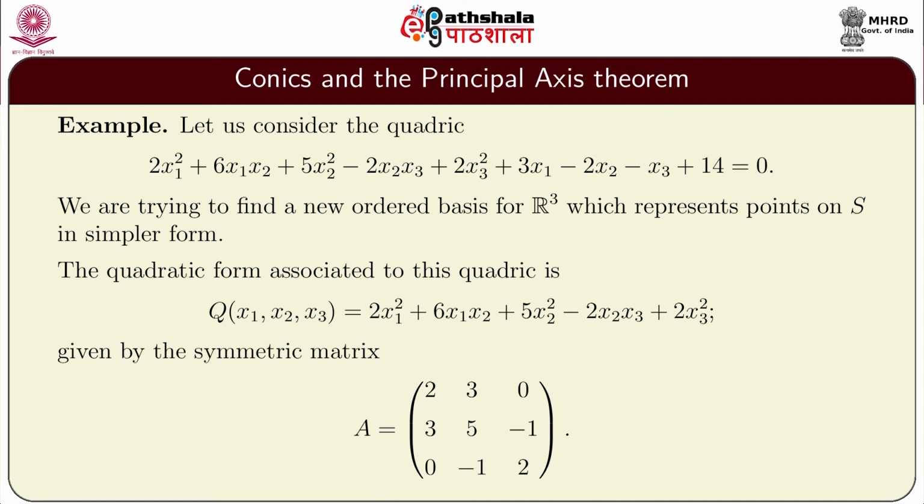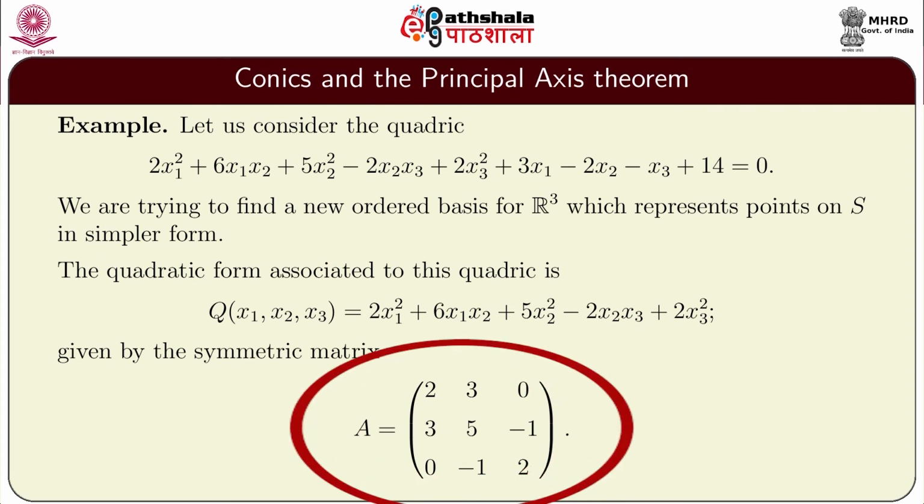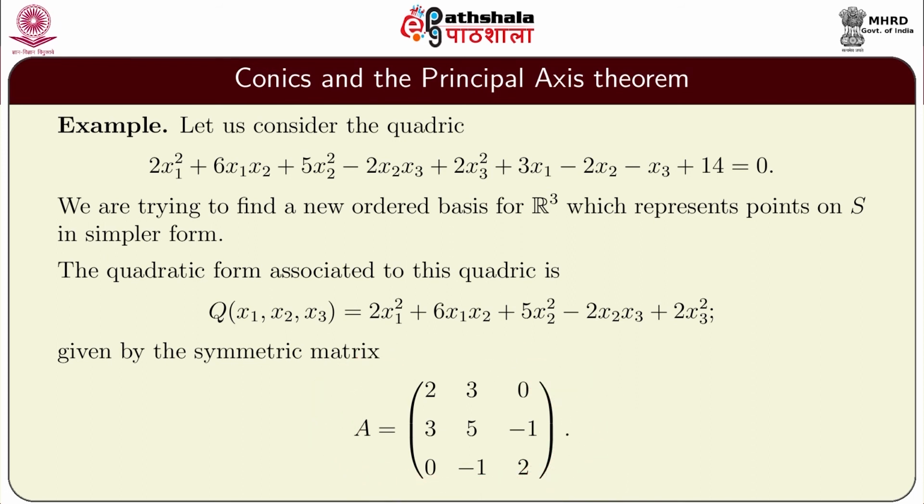So, let us begin with this quadratic form associated to this quadric, which is written as q of x1, x2, x3, a homogeneous degree 2 polynomial, and that is given by the symmetric matrix whose first row is 2, 3, 0, second row is 3, 5, -1, and the third row is 0, -1, 2. We know how to write the symmetric matrix out of this quadratic form. The rule is simple.